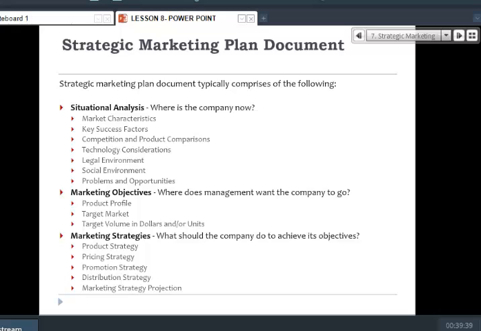You need to follow the rules and regulations set by the government. You need to know the social environment. I think I have taught you this chapter, the social responsibility and the social environment. You need to be socially responsible about the environment that you are serving.